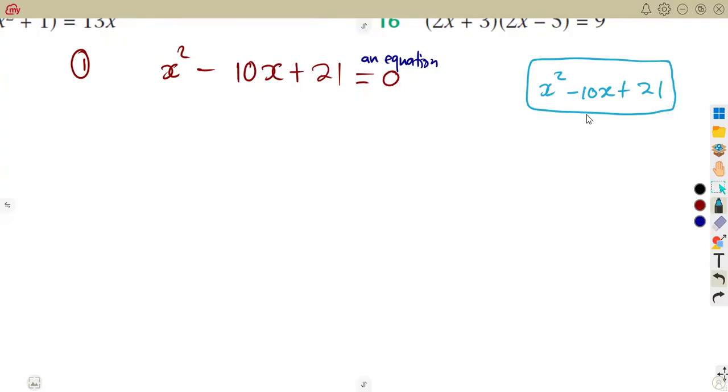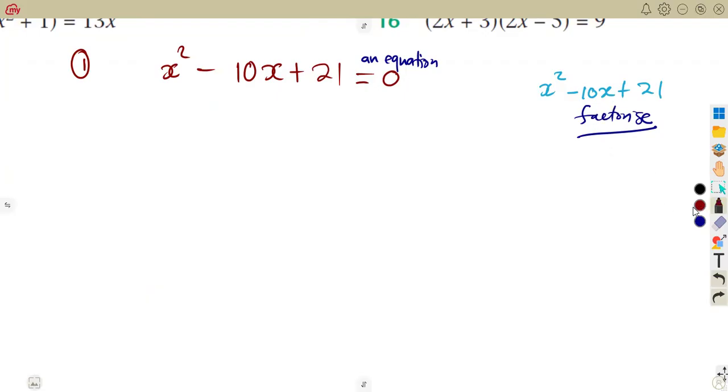So what are we going to do with this factorization method? It is that we are going to factorize this expression the way that we are used to. We have to factorize this. We are dealing with a quadratic equation. The highest exponent there that we see is 2. So to factorize, we are used to this one.